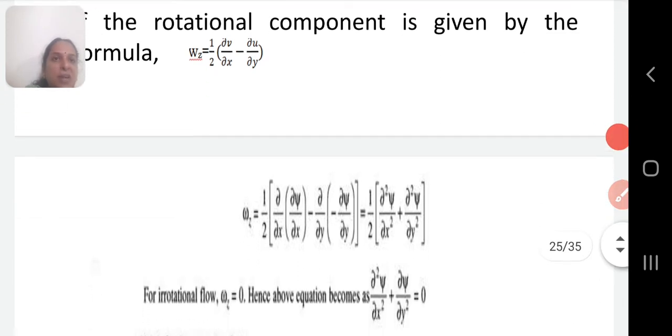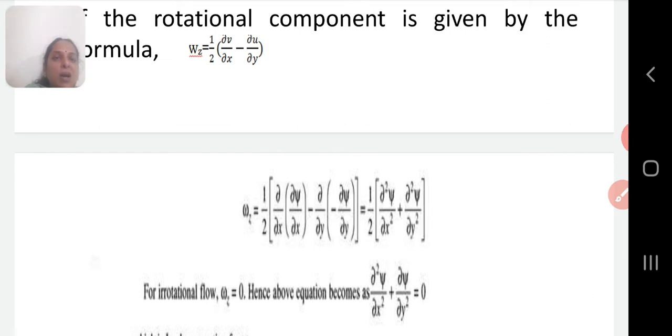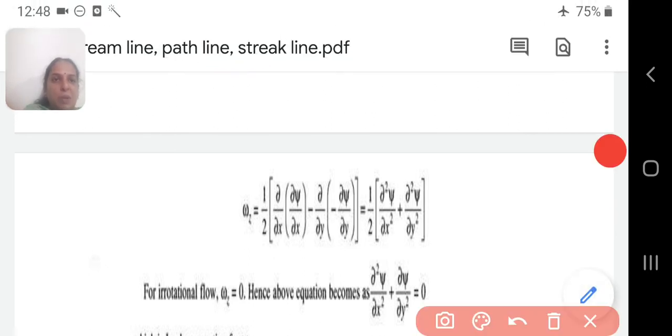Okay, so what is your final equation? w is equal to half of dou square psi by dou x square plus dou square psi by dou y square. For irrotational flow, w will be equal to 0. That is, rotation will be equal to 0, because W is the rotational component we have taken. So this equation will be equal to 0, and the half can also be removed.